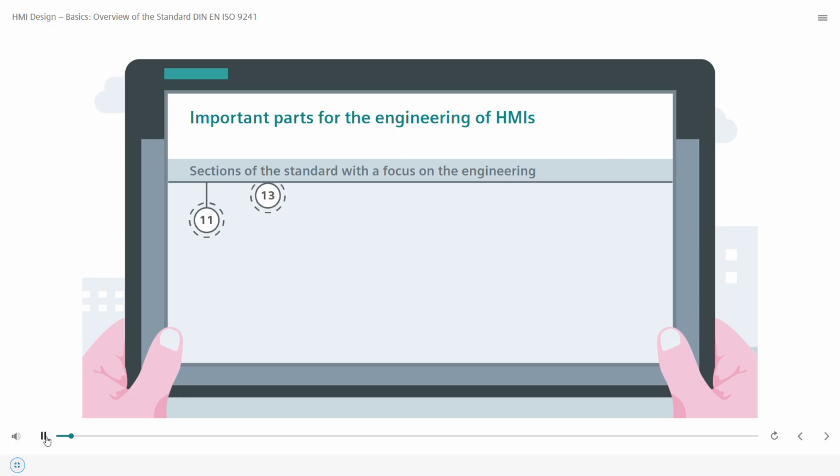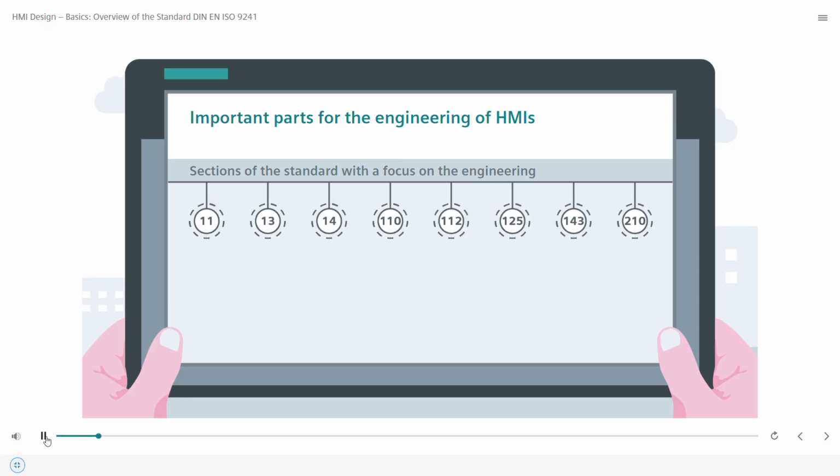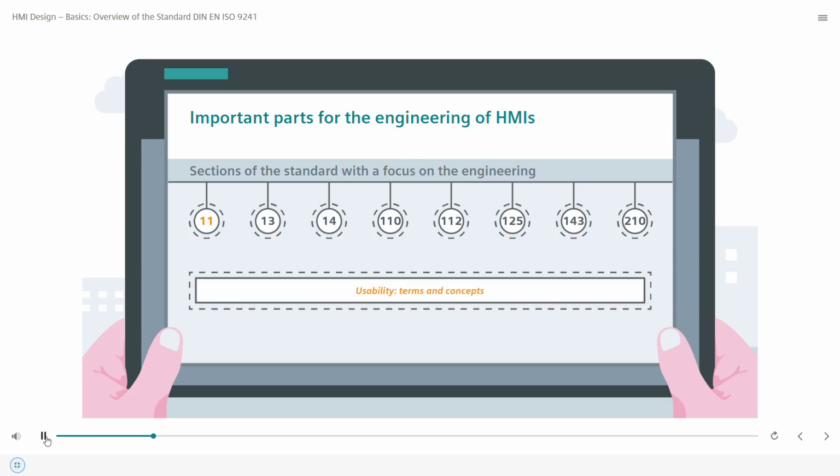Let's focus on the parts most important for developing user interfaces in engineering. Part 11. Usability. Part 13. User guidance. Part 14. Menu dialogues. Part 110. Dialogue principles. Part 112.